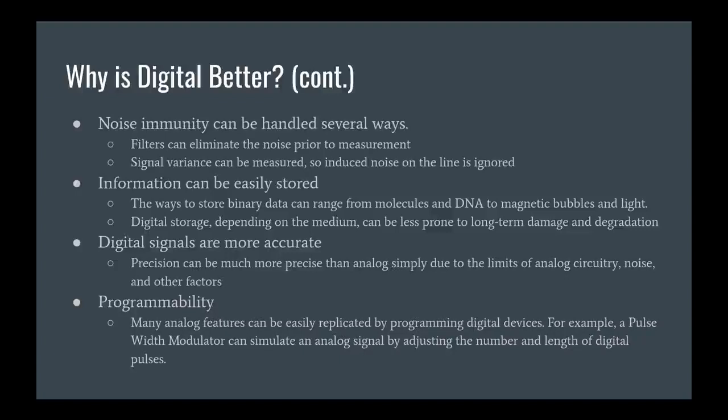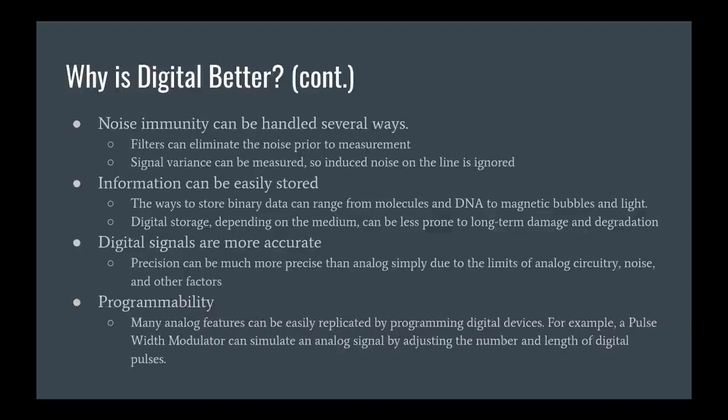Your signal variance can be measured, as we've seen, so the induced noise on the line is ignored. Again, you don't care about the minor fluctuations caused to the signal because of the noise. You're only looking at, does it meet a certain threshold, and is there a substantial variance between the high and the low?